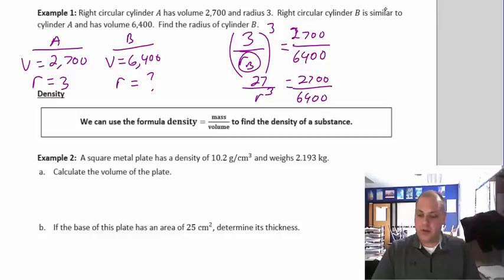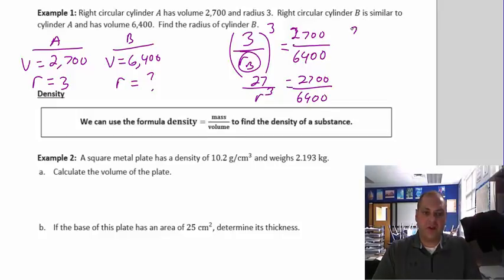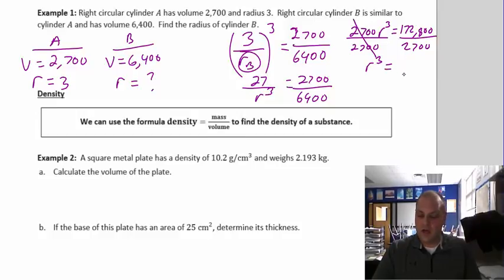Now I cross multiply. It's 2,700 R to the third equals 172,800. I did this ahead of time. Divide by 2,700. Okay, and R to the third is 64.